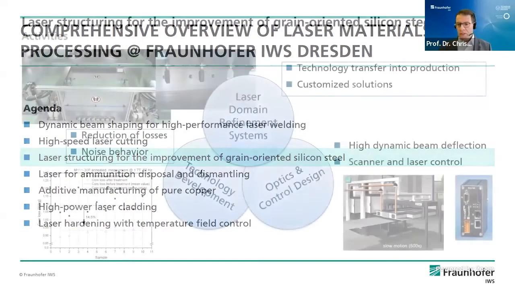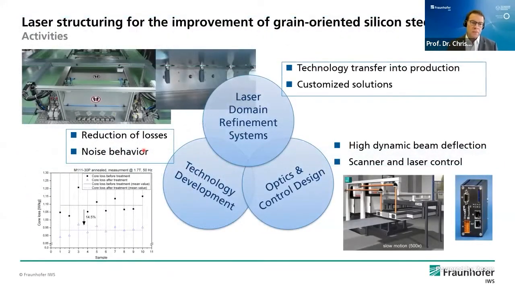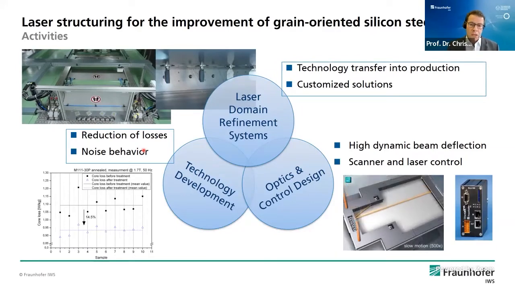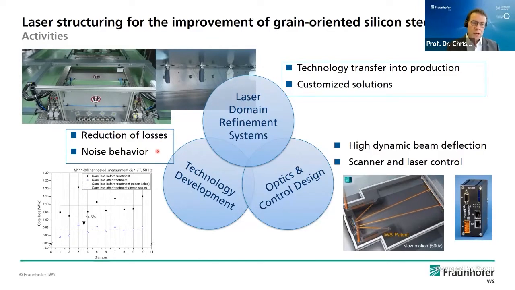The background for this type of development is that electrical transformers are using grain-oriented silicon-containing steel, and these transformers suffer from electrical losses due to the magnetization of the transformer, and they also produce noise. And those of you who have ever been next to a transformer know that they can be very noisy.